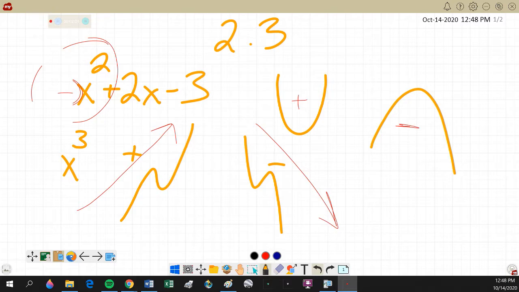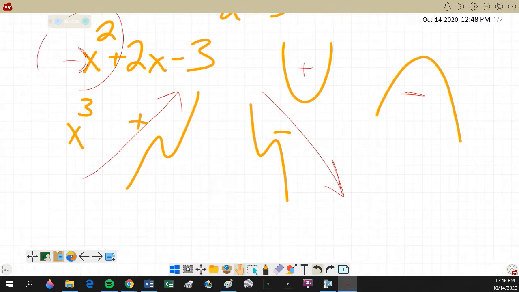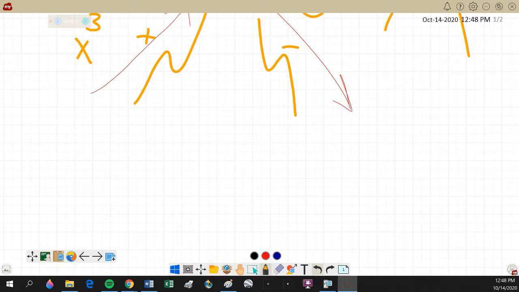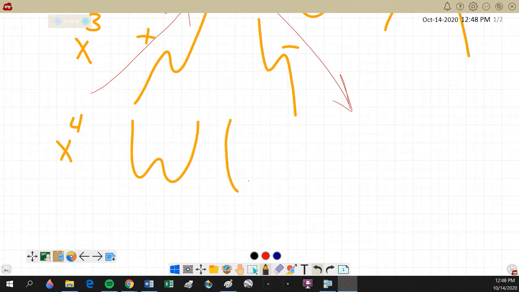What about x to the fourth? X to the fourth can be a W. So it looks like this. It could also kind of look like a parabola, but we have happy W's, which are positive, and we have sad W's, also known as M's, which are negative.